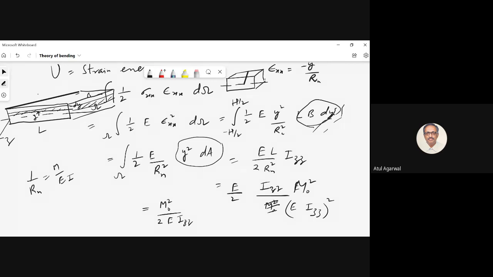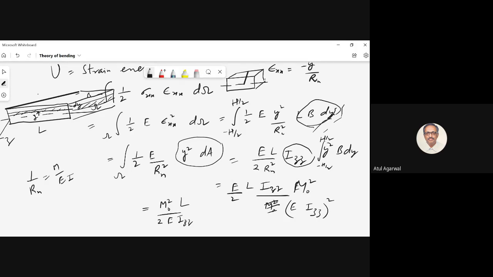We had just done y square b dy integral from minus h by 2 to plus h by 2, so you get Izz of the cross section. We have to have L also here. Is it clear or are you confused? Anyway, we will be doing it again.